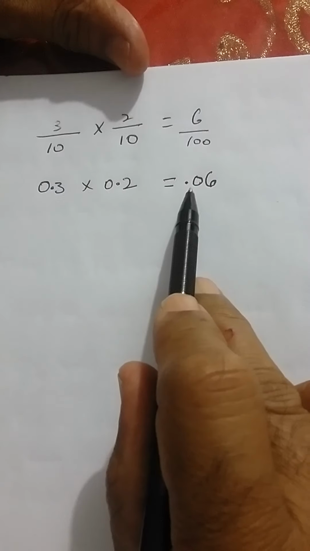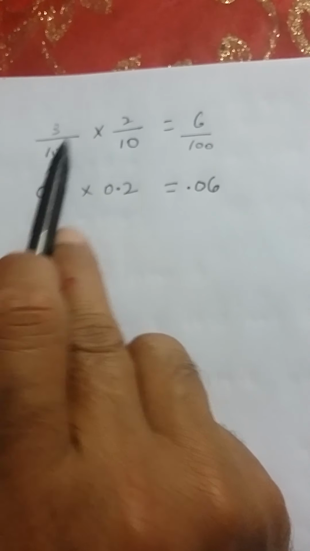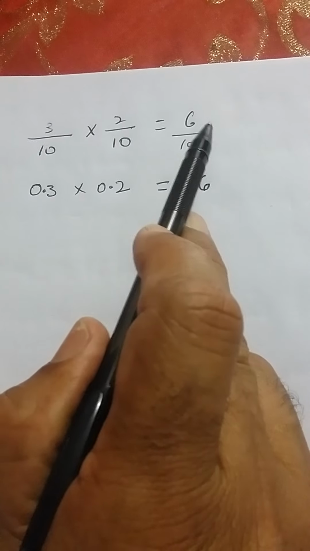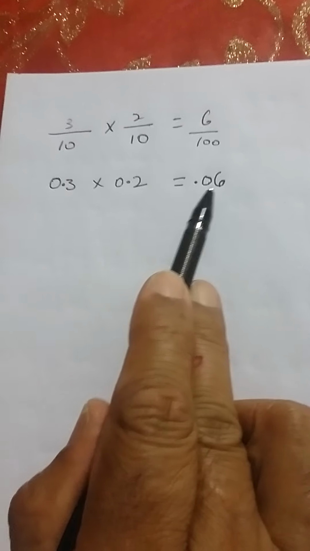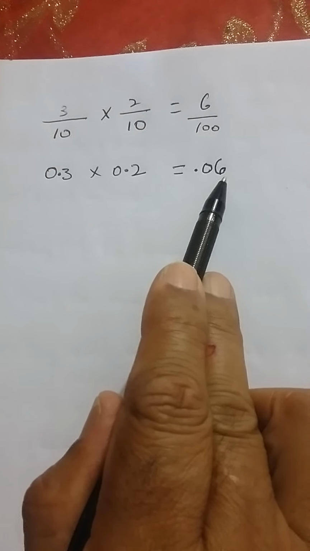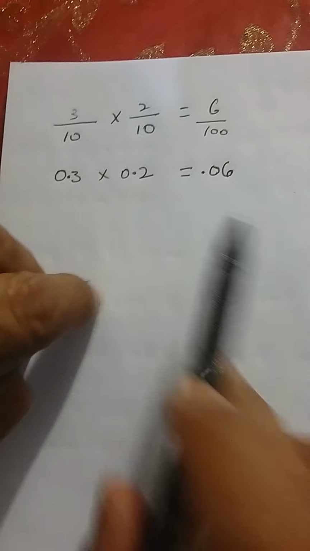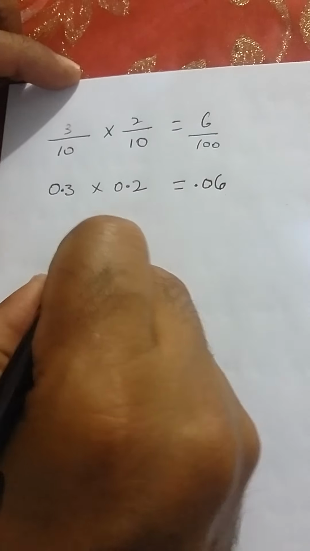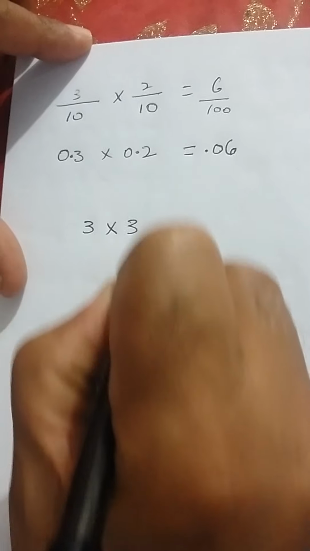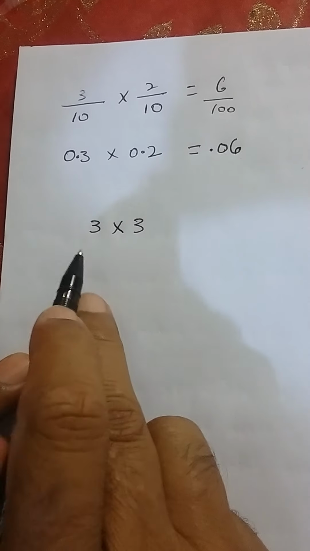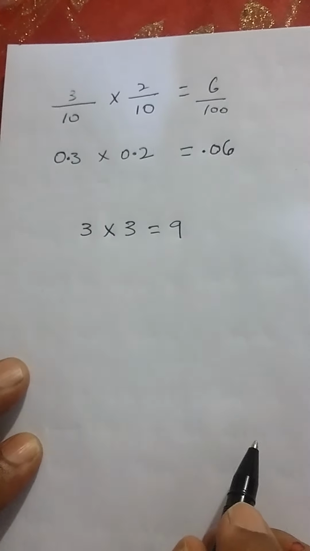Now this is the correct answer here, 0.06, 6 hundredths. 3 tenths times 2 tenths, 6 hundredths. Let's see if we can figure out how we arrived at putting the decimal point here. So let's look at this. 3 times 3, answer 9.